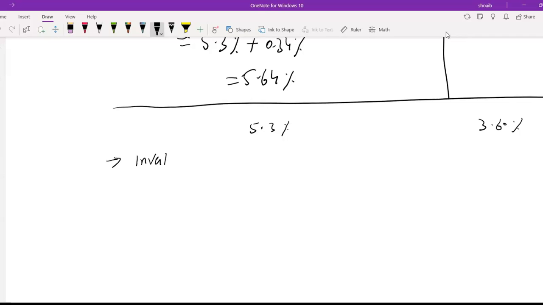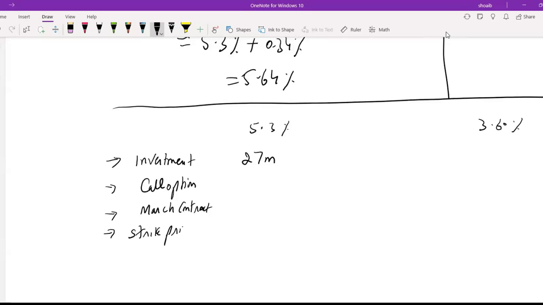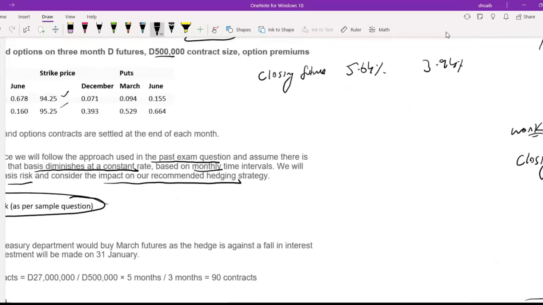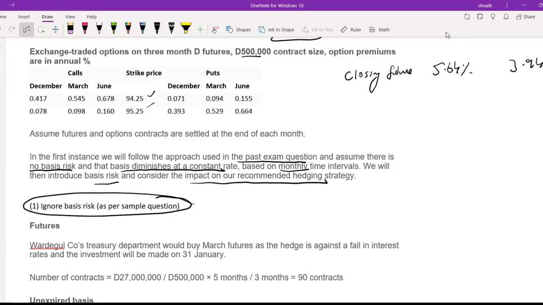Investment. 27 million. So we are buying future. Call option. March. Exercise price. So there are two. 94.25, 95.25.